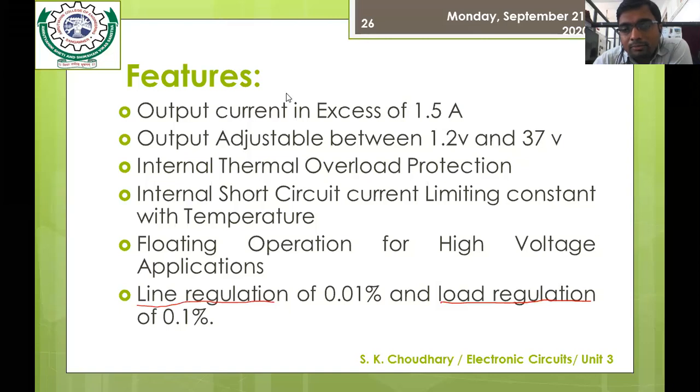Jadhav Priyanka. Jadhav Priyanka. Jadhav Priyanka.